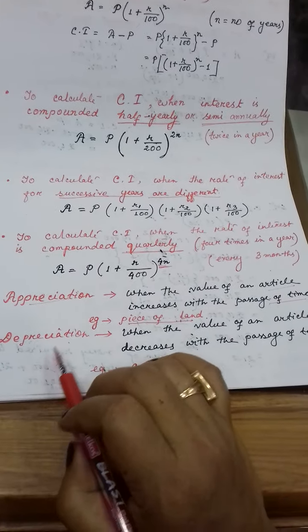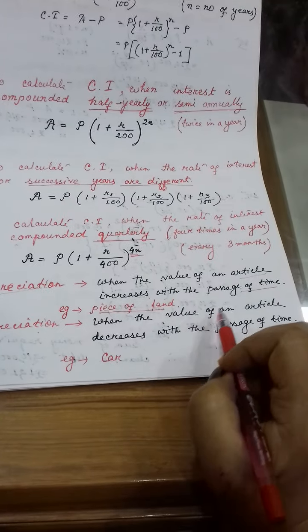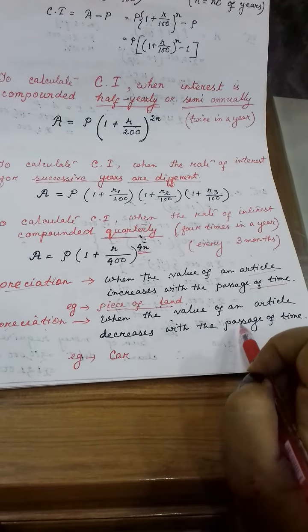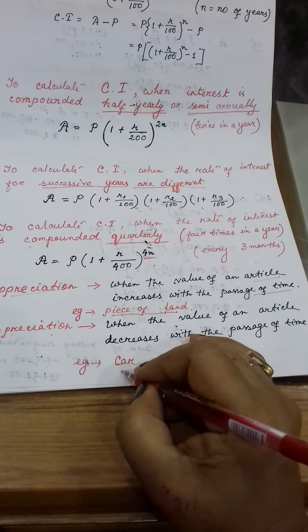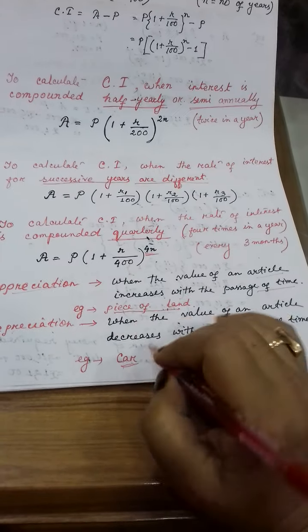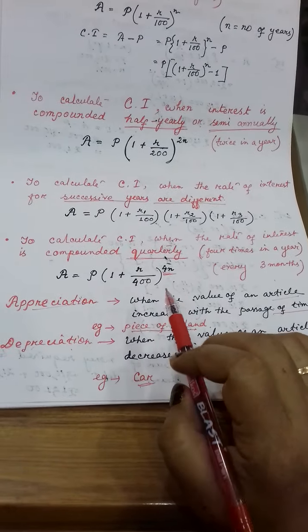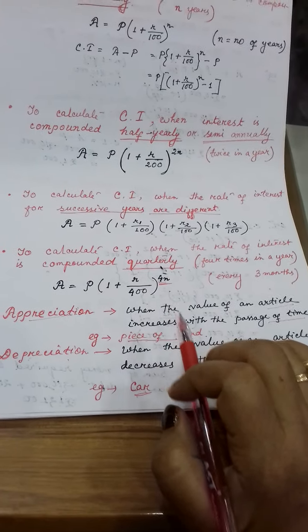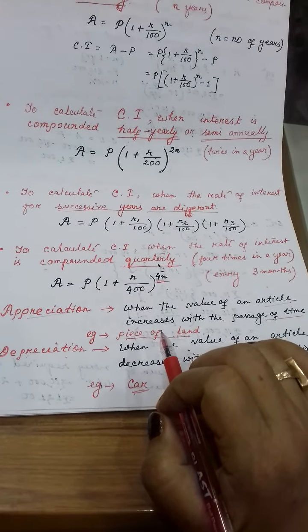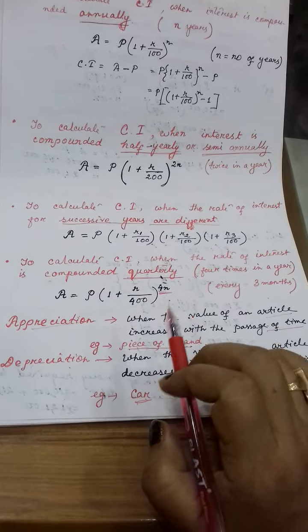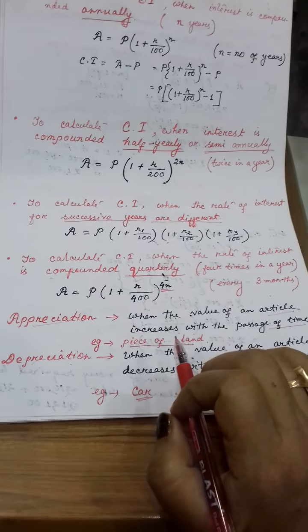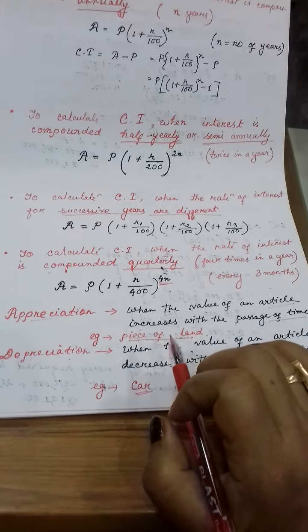And next one is depreciation, when the value of an article decreases with the passage of time. Example is car. Suppose today you have purchased a car, after 10 years of running, you want to sell the car and get a new one.